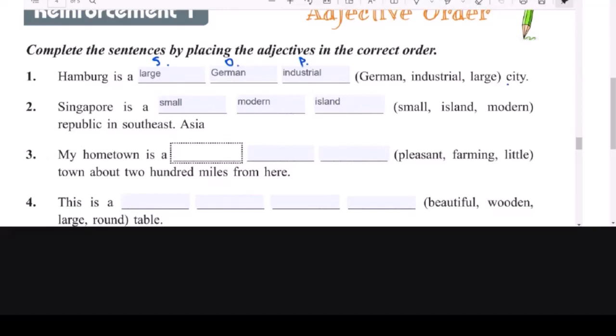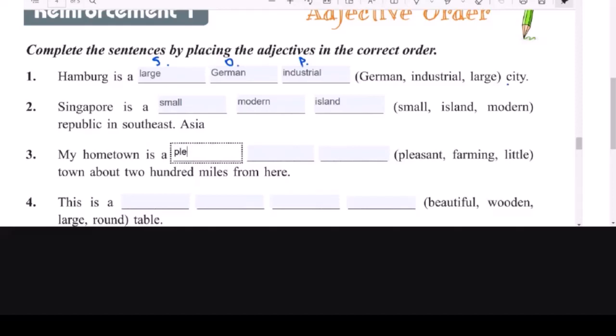All right, what's the next one? My hometown, where I was born. I was born in this town, my hometown. It's a little. Wait, but first we have, is pleasant an opinion? That's an opinion. For me, it was pleasant. For you, it was terrible, for example.